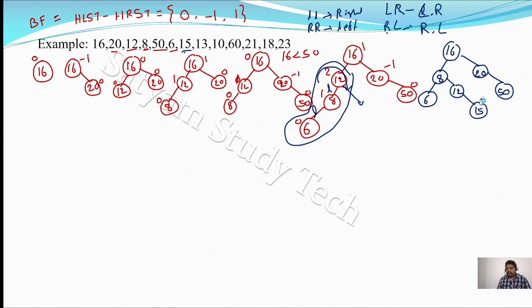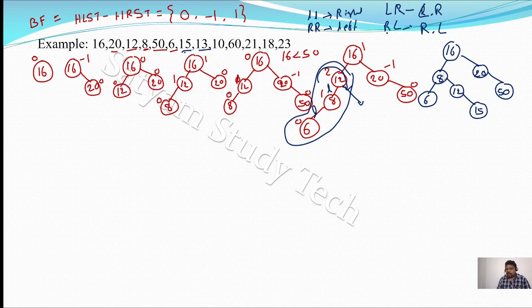Here the balance factor is 0, here it is minus 1, because the left subtree height is 1 and the right subtree height is 2, so it is minus 1. Here the height of the left subtree is 3, you consider the maximum one, so 3 minus 2 is 1. So here it is minus 1, here it is 0. So it is balanced.